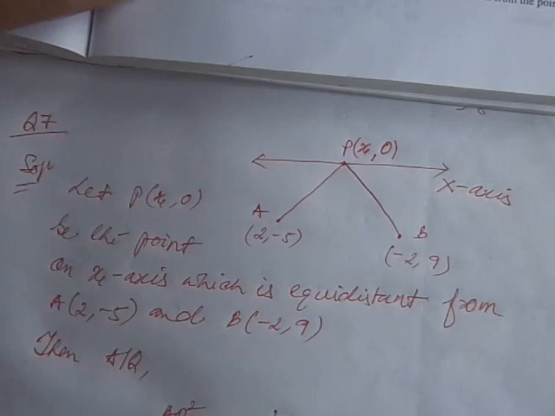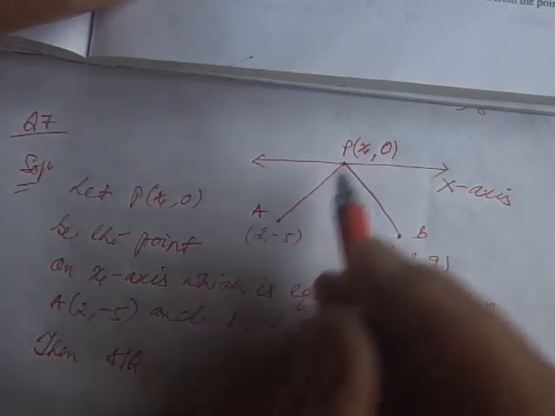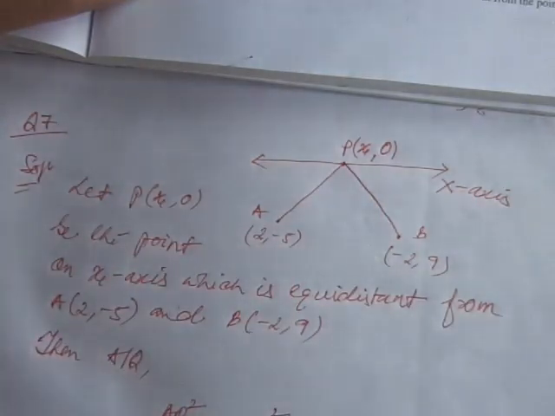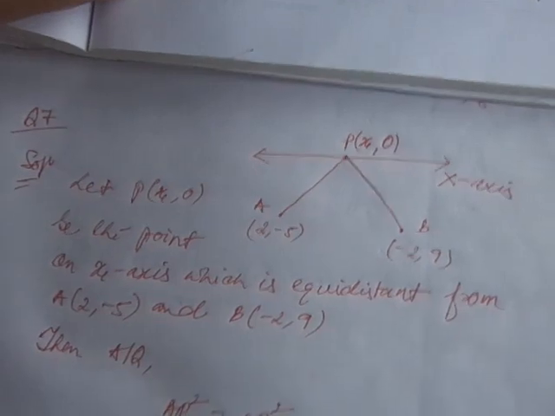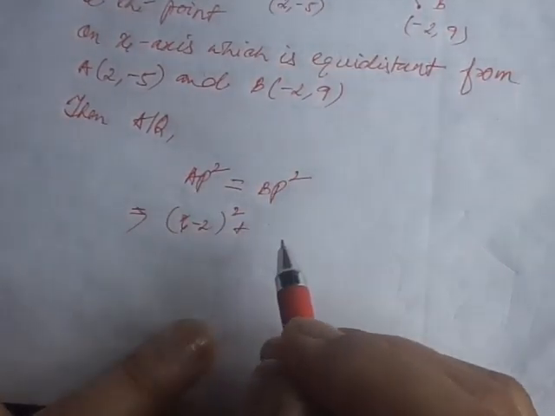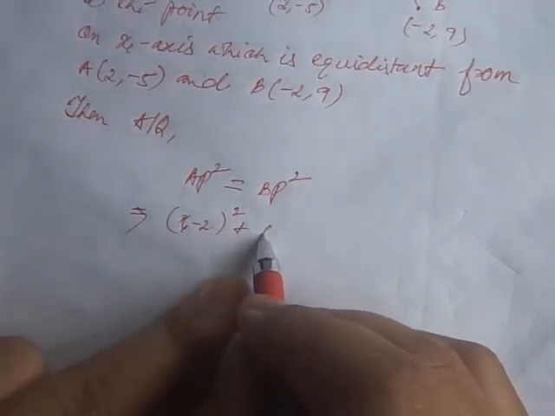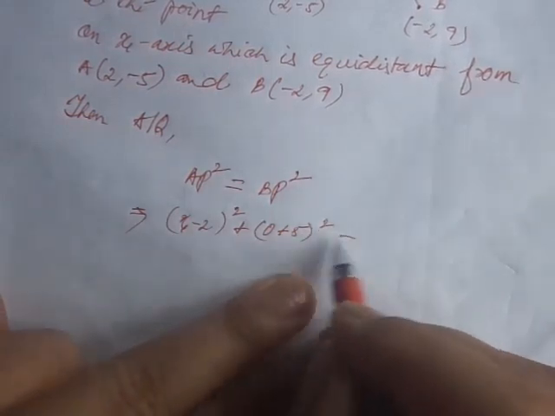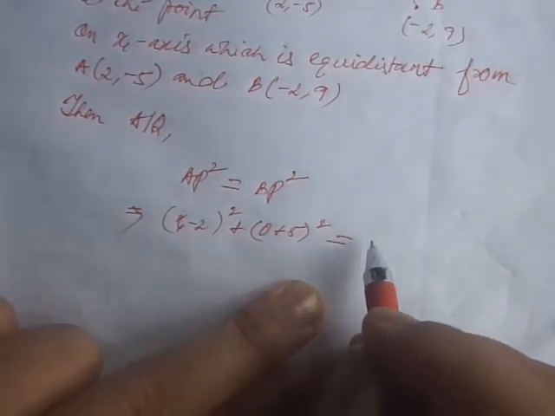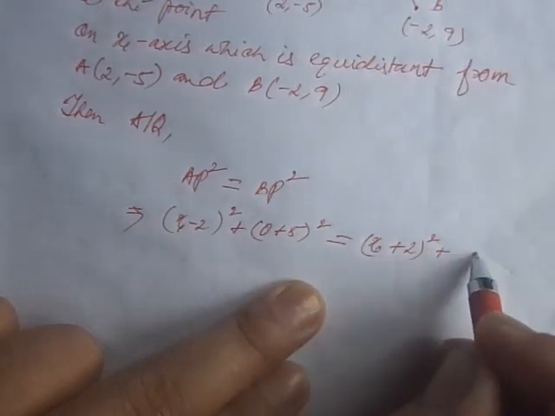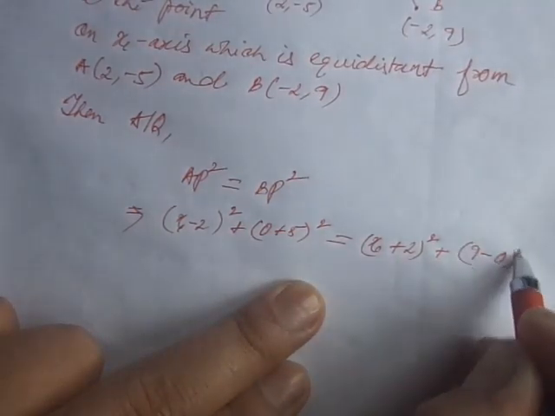So AP square, by using the distance formula, we can write (x minus 2) whole square plus (0 minus 5), which will be plus 5, whole square, equal to BP square: (x plus 2) whole square plus (9 minus 0) whole square.